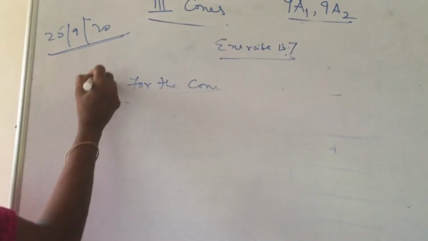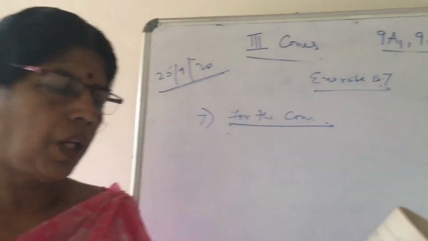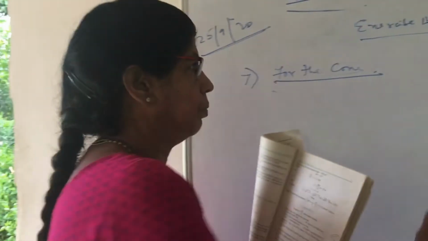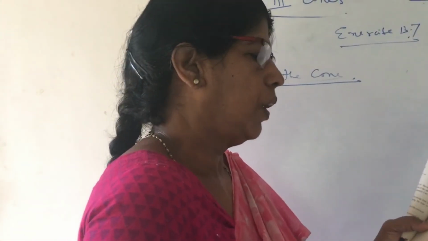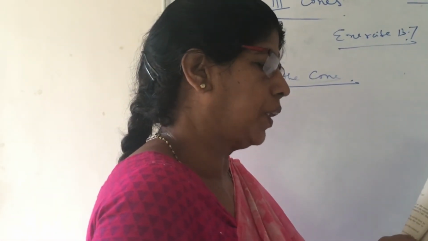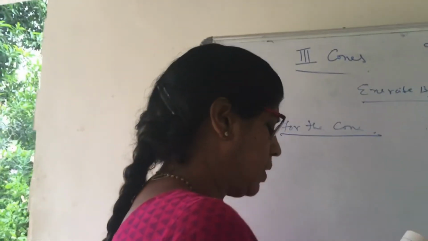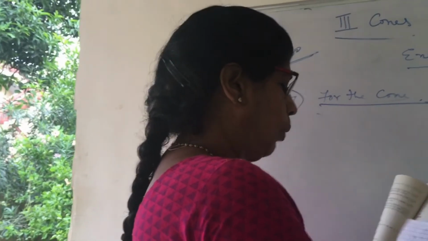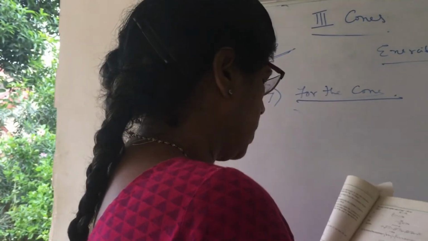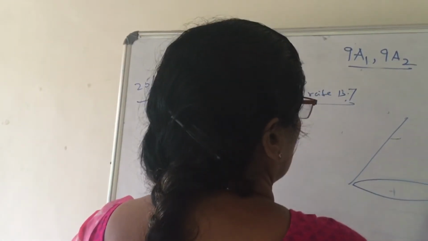Coming to the 7th question. A right triangle ABC with sides 5, 12 and 13 is revolved about the side 12 centimeters. Find the volume of the cone. Yes, a right triangle. Yes, children.